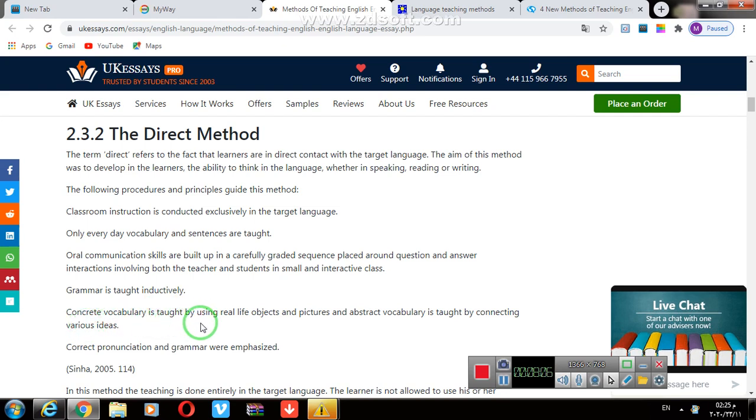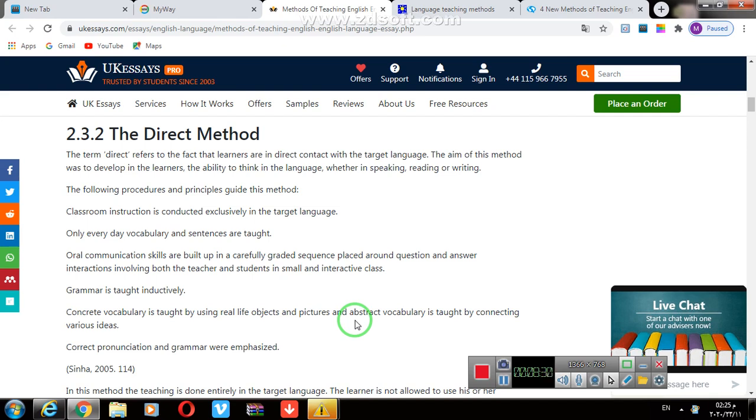Concrete vocabulary is taught by using real-life objects and pictures, and abstract vocabulary is taught by connecting various ideas. Also, in the direct method, they can learn vocabulary, and as we know, vocabulary is taught through making them see true and real-life objects and pictures.